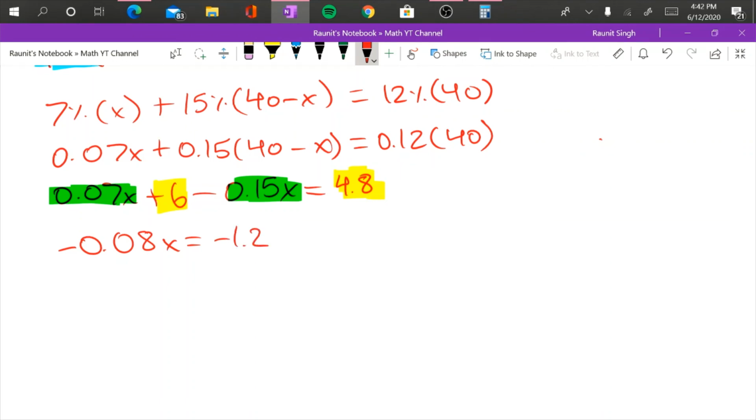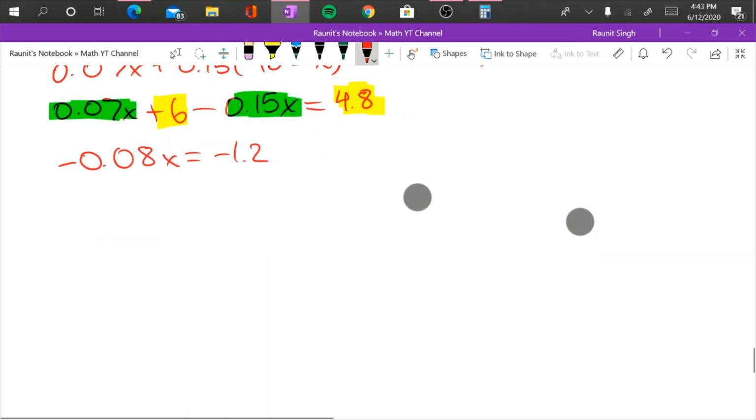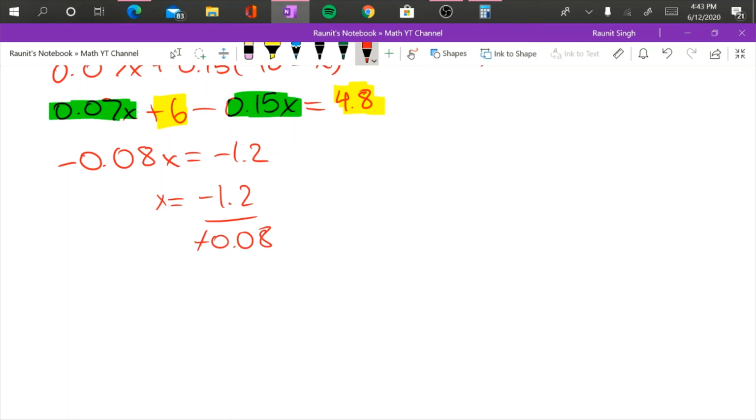And then we are going to divide both sides by negative 0.08 so that we can get a lone x, and so we get negative 1.2 over negative 0.08, the negatives cancel out. We're going to move the decimal over 2 places, and we can only move the decimal over 1 place here, so if we move it over once more, we're just going to add a placeholder 0 so that we can get 120 over 8, which is equal to 15.